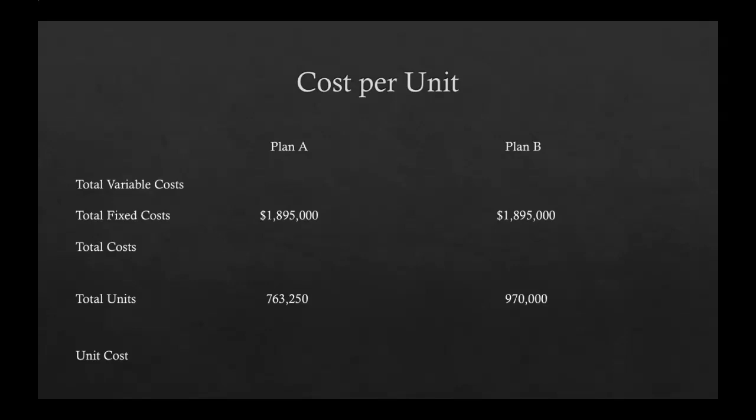You'll notice under plan A or plan B, your total fixed is the same amount. That's not going to change. The variable is going to change because our total units change.